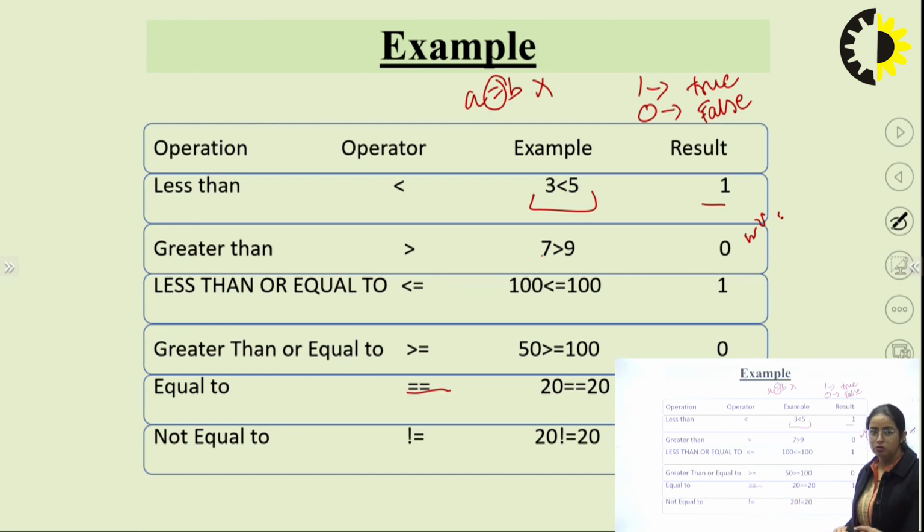If you want to compare whether two numbers are equal or not, we use the double equal to operator. And this is not equal to. Suppose I want to check whether two numbers are equal or not. Suppose A is 20 and B is 20 in one case, and I check whether A and B are equal. If they are not equal, the condition is false.